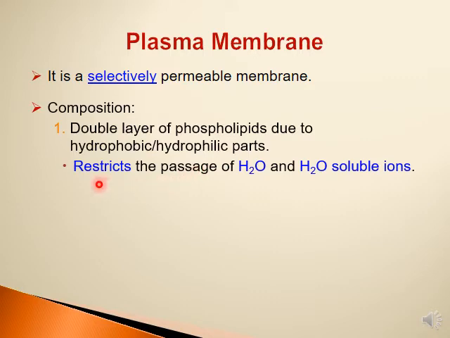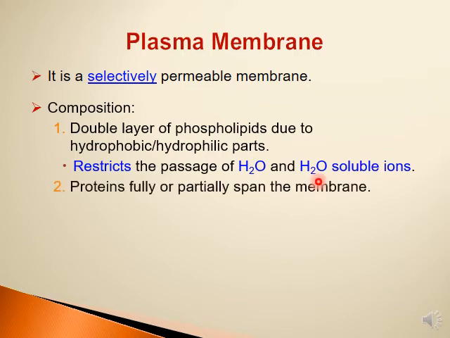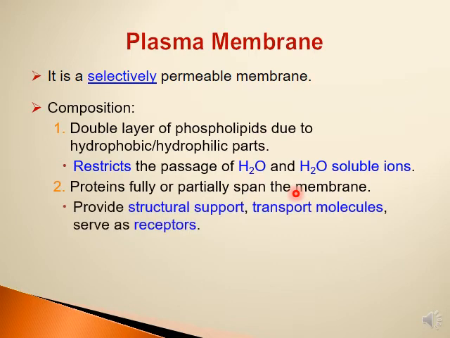This phospholipid bilayer restricts the passage of water and water-soluble ions, and also most of the water-soluble molecules. Another component of the cell membrane are the proteins that either fully or partially span the membrane, and we call them integral membrane proteins. And we have the peripheral proteins that are attached to the surface.